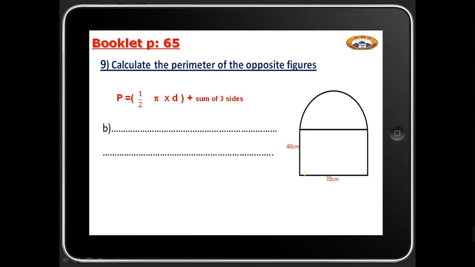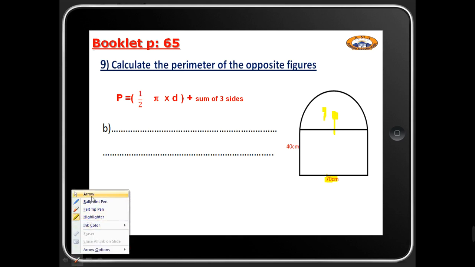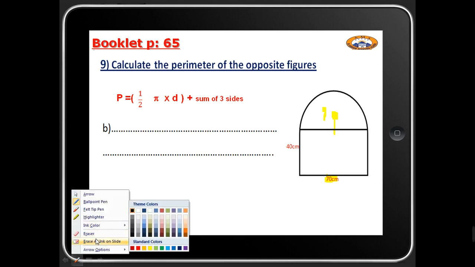I told you this is a rectangle, so if the length of this side is 70, then the length of the opposite side is also going to be, excellent all of you, 70 centimeter, because each of two opposite sides in the rectangle are equal in length. Now I have all the numbers to get the final answer for this exercise.